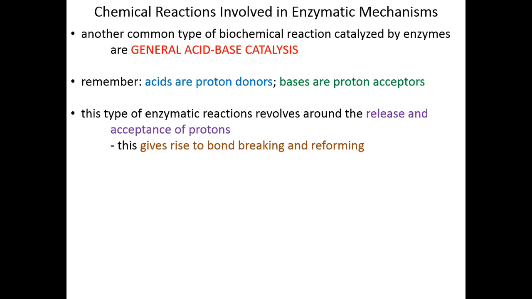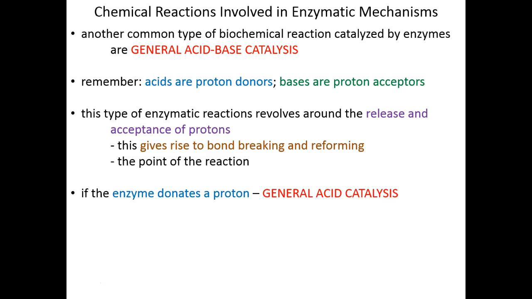When we release protons, we're breaking bonds. When we accept protons, we're making bonds. And the point of the reaction in this case is always the shuttling or moving of covalent bonds from one place to another. If the enzyme donates a proton, we'll just say that general acid catalysis is observed. If the enzyme accepts a proton, we say that general base catalysis is occurring.